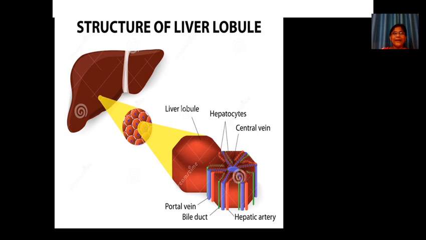So what is the hepatic triad? The hepatic triad is the union of three: portal vein, bile duct and hepatic artery. Okay, clear all of you? Once again, hepatic triad is formed by portal vein, bile duct, hepatic artery.